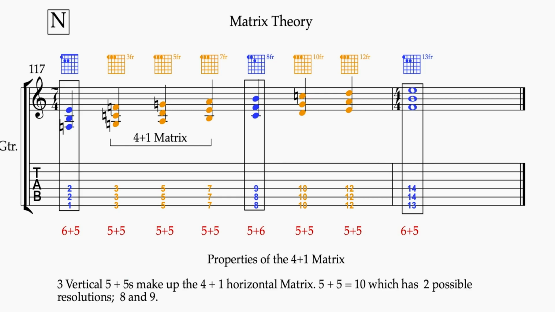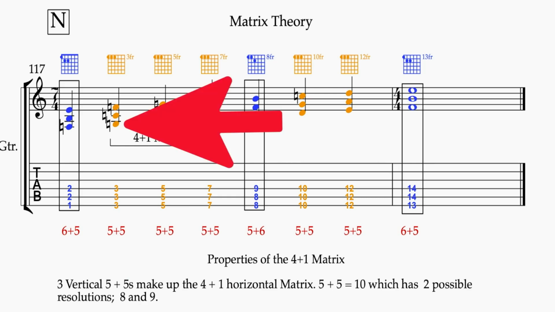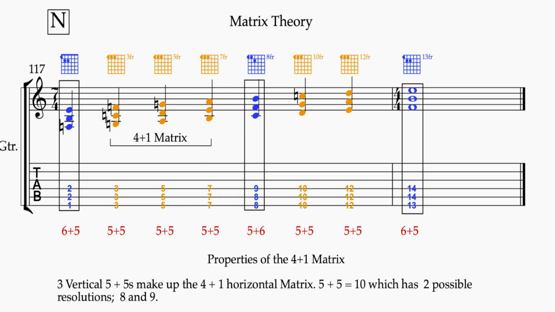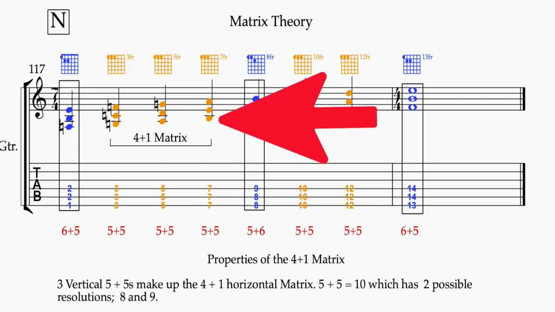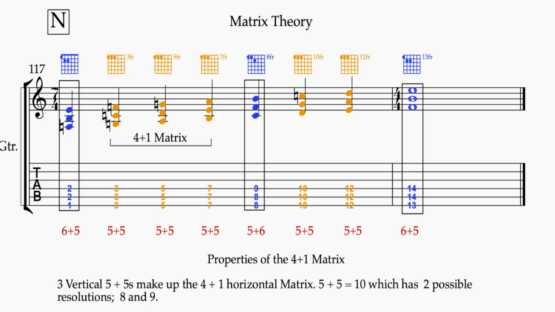Now, let's apply it to the guitar. Why do we call it 4 plus 1? Well, if I look at the bottom note of this guy and I go all the way to here with the bottom note, that's 4. So here it is. And then I go over to here and that's 1. From here, it's 1.